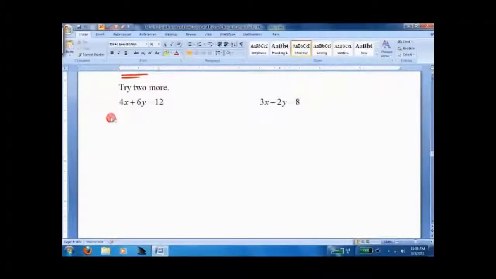And now I'm going to go much faster. X equals 0, we just say 6y equals 12. Y equals 2. Y equals 0. 4x equals 12. X equals 3. Quick graph. 1, 2, 3.